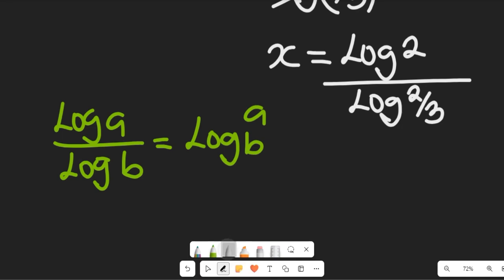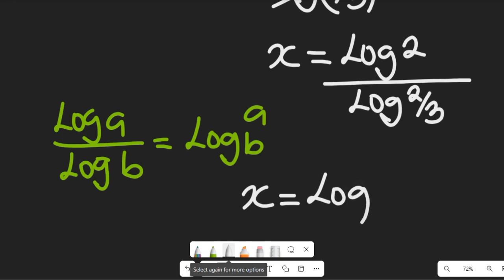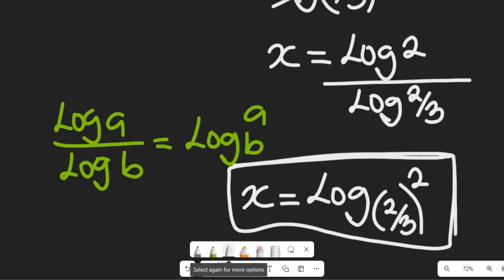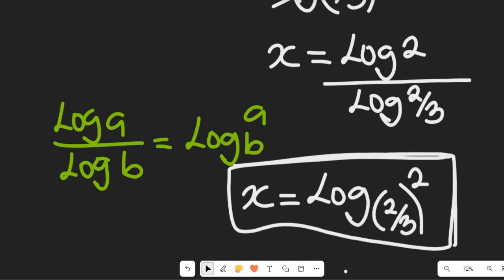So if I apply that expression here, the value of my x will be equal to the log of 2 divided by 3 base what? Base 2. And that is the solution to that equation that is given to us up there. So you see, very easy.